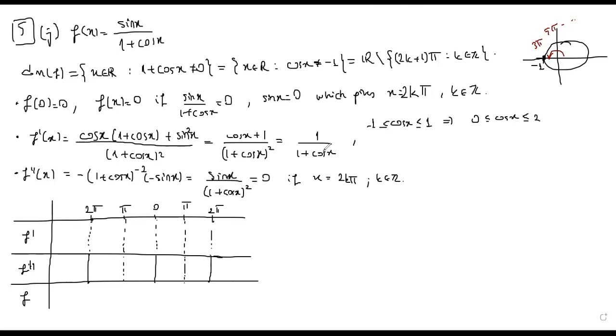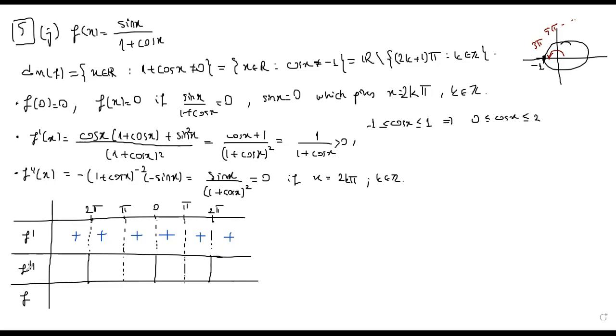So 1 plus cosine x is in between 0 and 2, which means it's positive. As we have something positive in the numerator, this is always positive for any value of x. So let's note that this is always positive, no matter what the value of x.